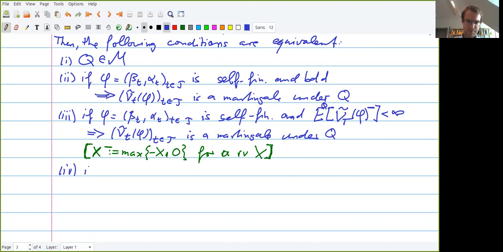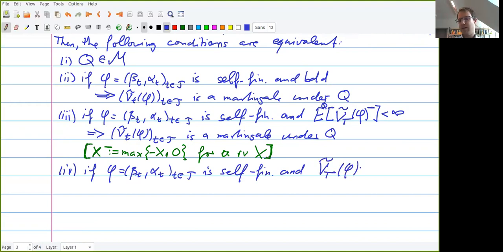So again, if phi is a trading strategy, and I want to assume that it's self-financing, because this is what we care about, and the associated discounted value process is negative here, Q almost surely.